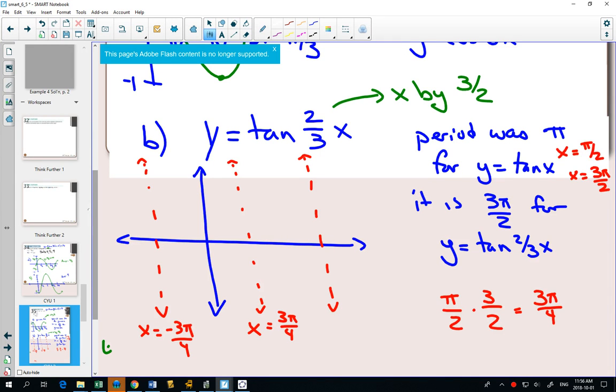If I multiply 3 pi/2 times 3/2, my second asymptote here is going to be at 9 pi/4. And my tan graph keeps the same shape.